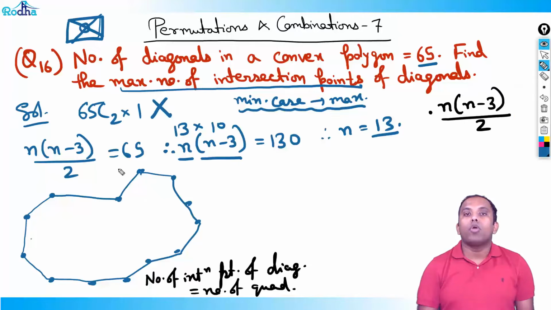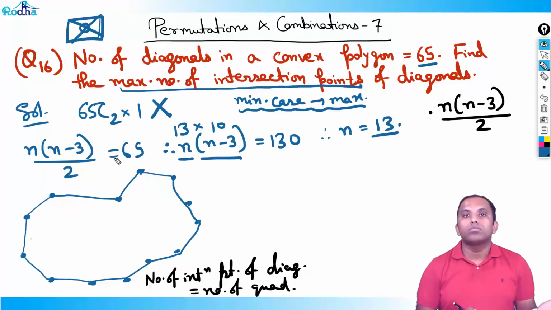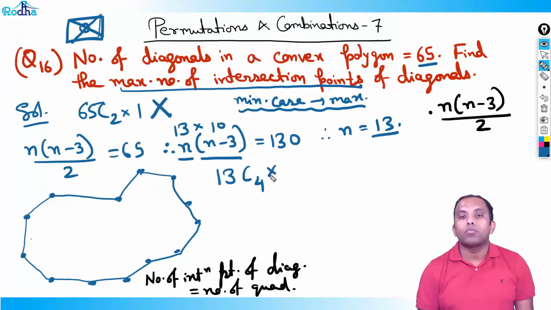A quadrilateral can be formed by selecting any 4 points, right? 13 points are there. How many quadrilaterals can you select? 13C4. Every 4 points will give me one quadrilateral. So 13C4 quadrilaterals we can form, and in every quadrilateral there will be one intersection point of diagonals. What is the answer? 13C4 into 1 is the answer for this question.